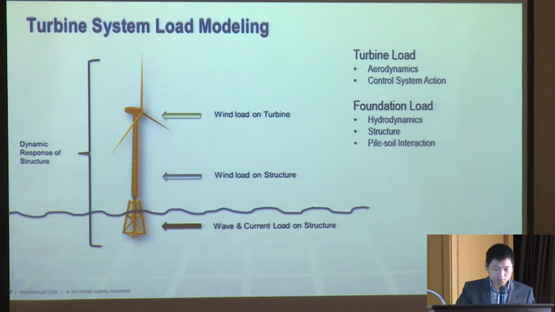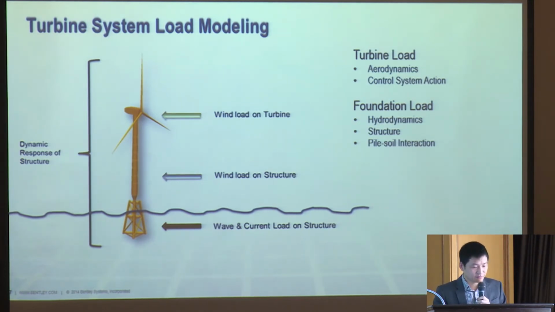The control system action means that when the wind comes from different directions and at different wind speeds, our rotor or our blades will have a rotation or pitch to get better wind power.